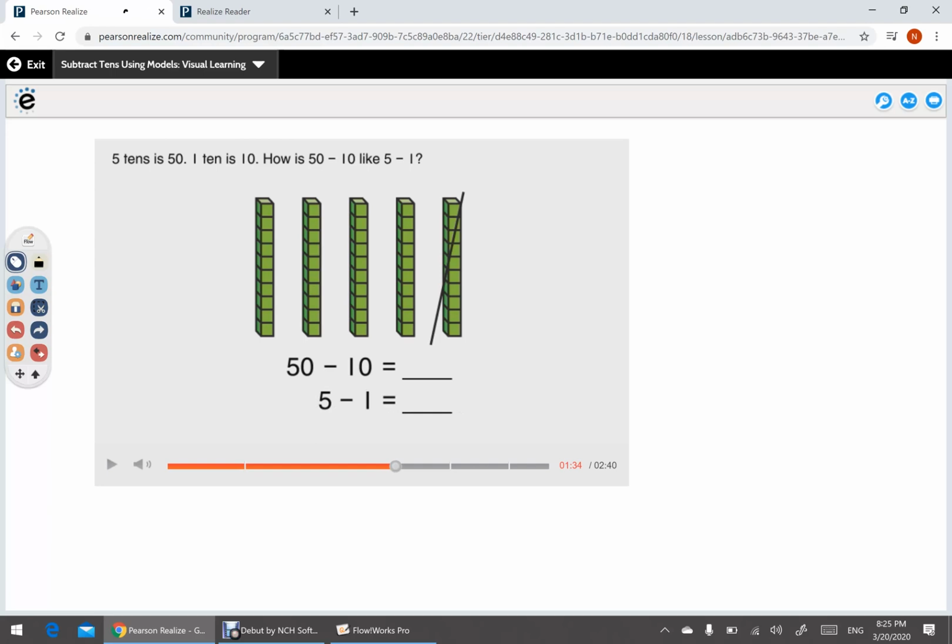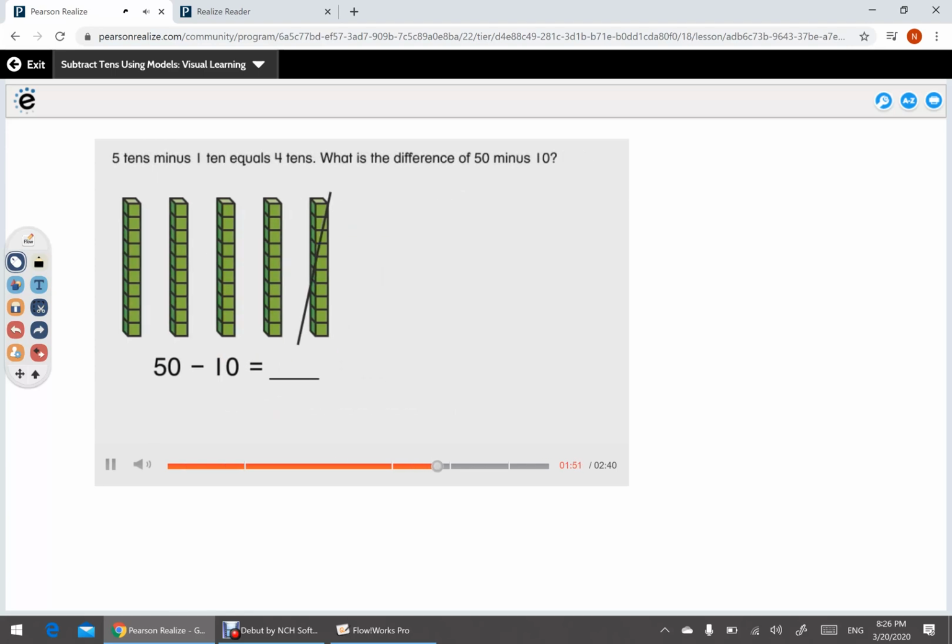How is 5 minus 1 same as 50 minus 10? 50 is 5 tens and 5 is 5 ones. 10 is 1 ten and 1 is 1 one. Both have a 5 and a 1. 5 tens minus 1 ten equals 4 tens.